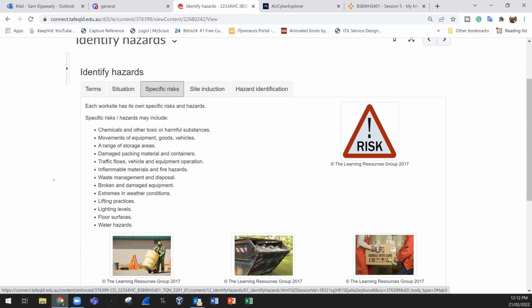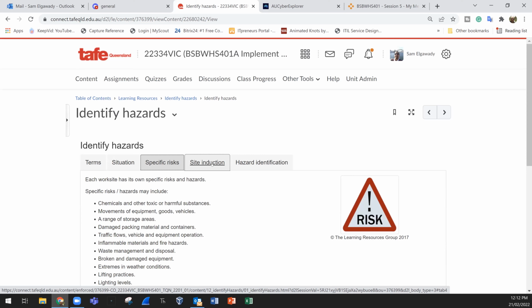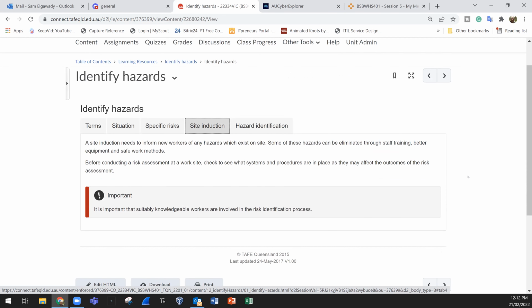Lighting, floor surfaces, trip hazards, or slippery water hazards near electricity, or also slippery floors. Waste management, and it could cause some problems. So we need site induction.